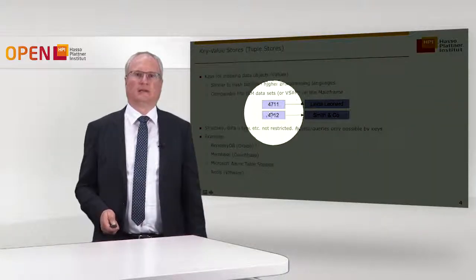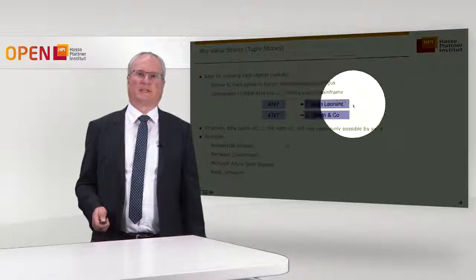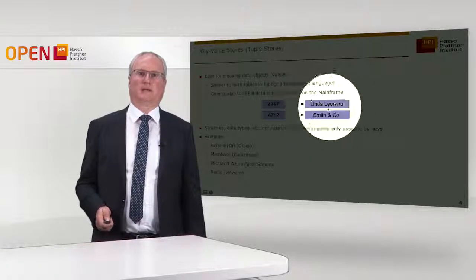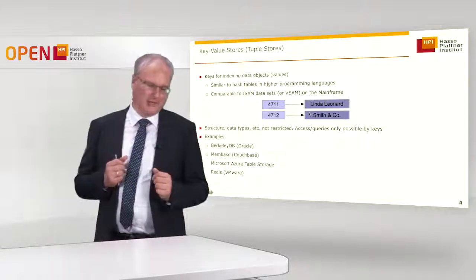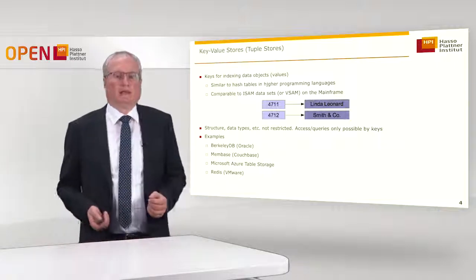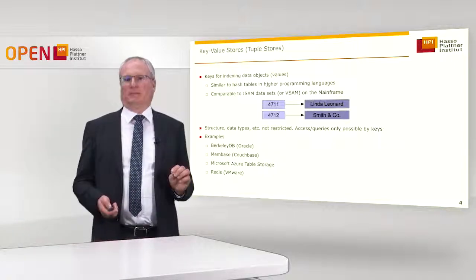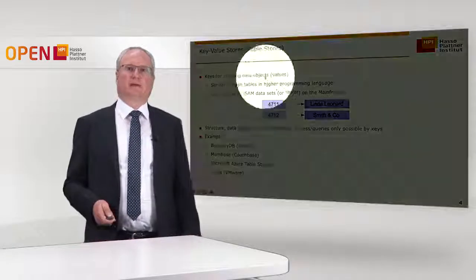Okay, so you can see it here. We have a key, and on the other side, the key points to some kind of data. The data can be different for each key. It's just sort of an unstructured thing. And this is of course very efficient if you want to store heterogeneous data and you want to access it only by means of the key. So in a key value store, the data can only be retrieved by the key.